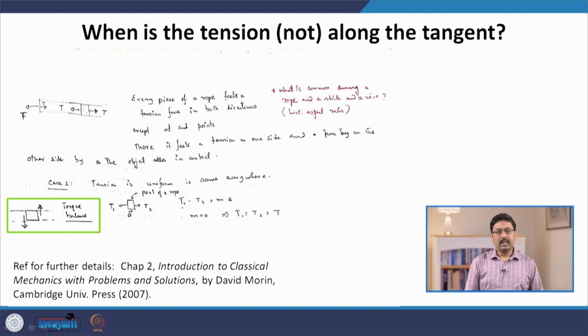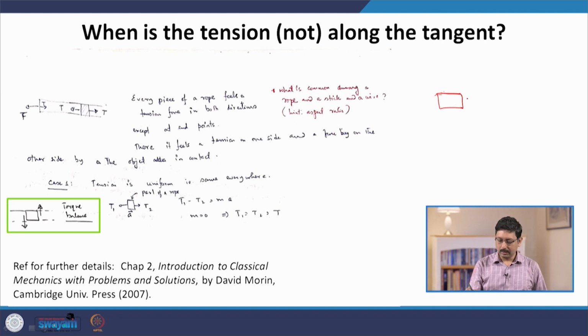Now, we come to our third assumption, that is, what about the direction of this tension. To understand the direction of the tension, we need to look at the torque balance condition. Suppose we draw the same force here, even if we take a massless rope in the sense that we discussed before.